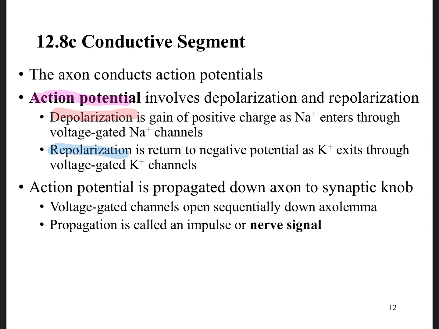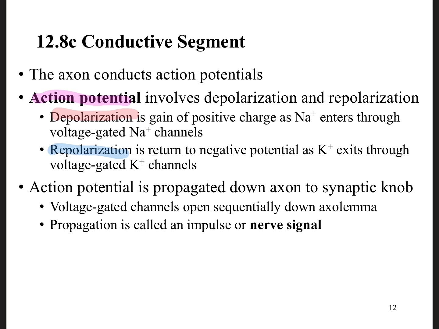Once it reaches the axon terminal, then what happens? What's the next part? What's the next thing? Next step. So we've propagated the action potential down. Now, we open what?